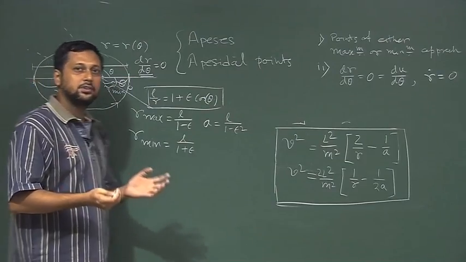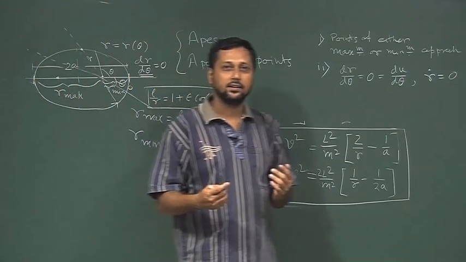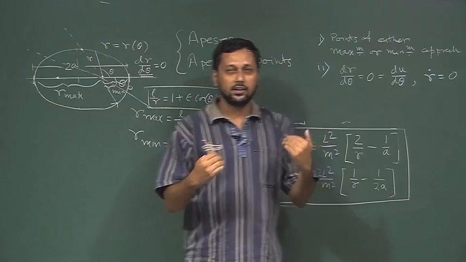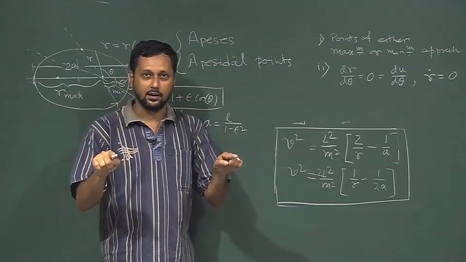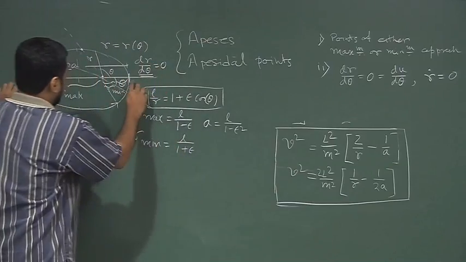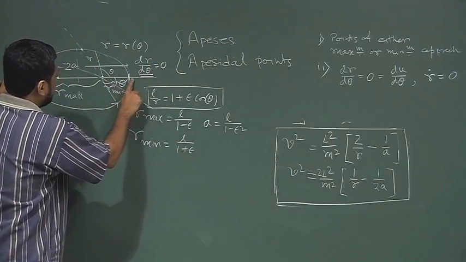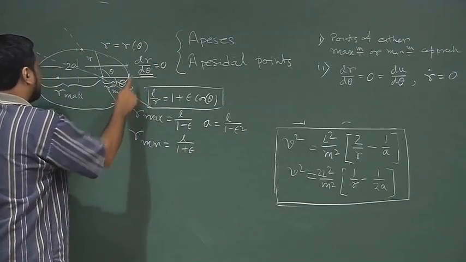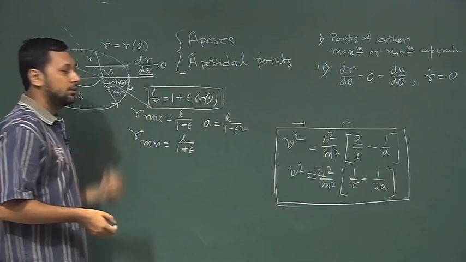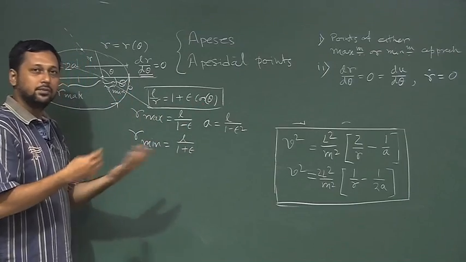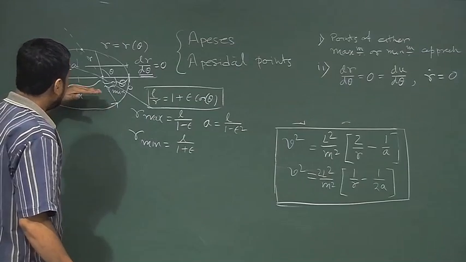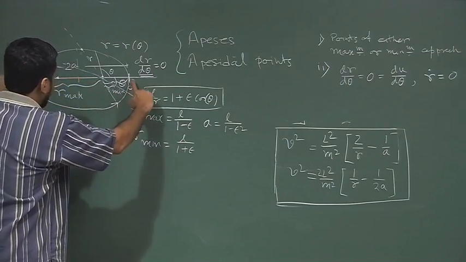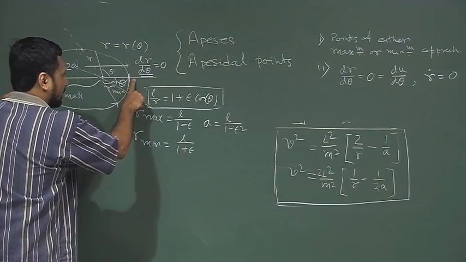Now, by simple geometrical consideration, we can understand that the apices or apsidal points have to lie on this particular line, okay, because the distance of maximum and minimum approach will take place for either theta equal to 0 or theta equal to pi, or some symmetric position, okay. And that symmetry can be achieved if and only if the apices lie on this particular line.